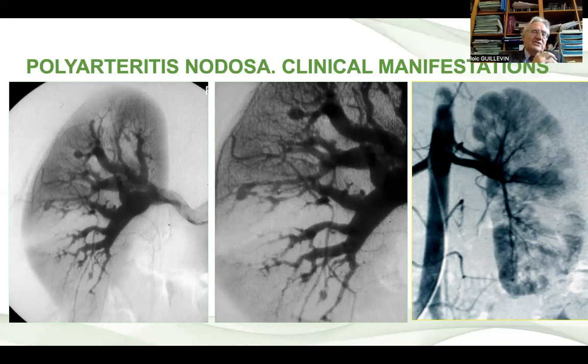But it is not so easy to make this investigation now because we have MRI, we have CT scan, and the images are not so nice, but I will show you the conventional one. And when the aneurysms are quite big, it is possible to detect them with MRI or CT scan. When they are very, very small, it's a bit different.